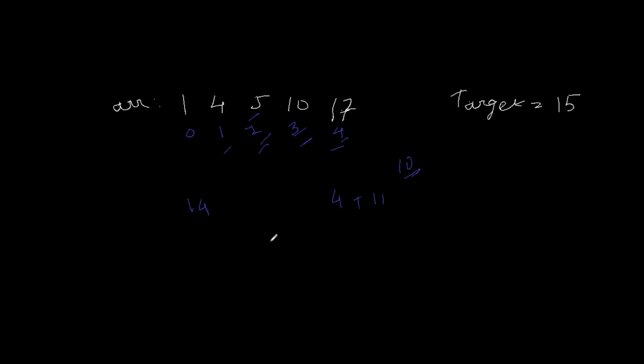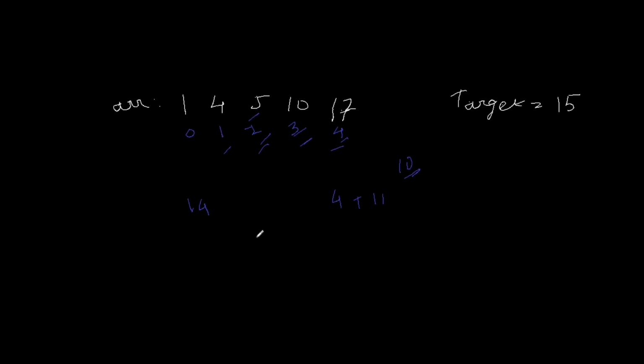So the time complexity for this solution is order of n log n. For sorting we need order of n log n time, and for traversing the array elements order n time is needed. And since we do binary search for each of the array elements, the total complexity is n into log n, which is order of n log n.